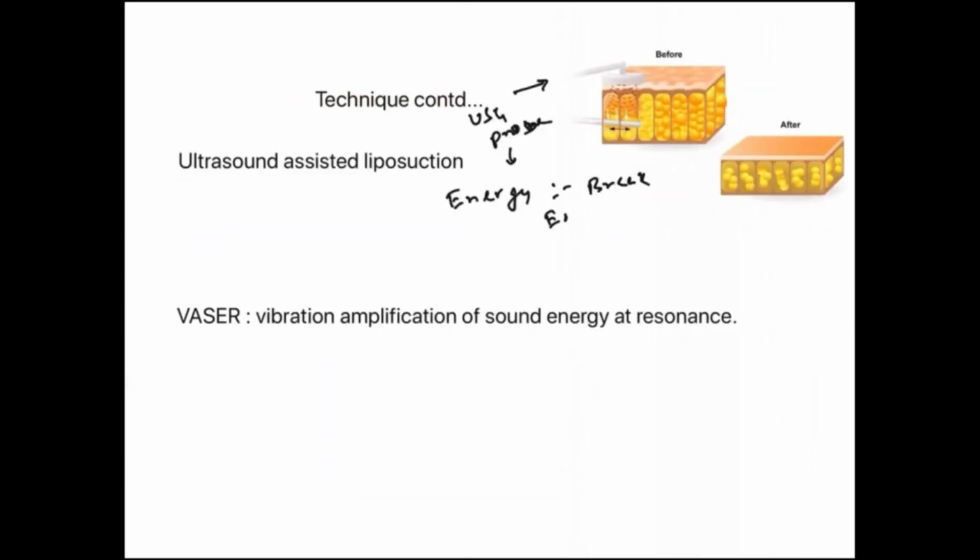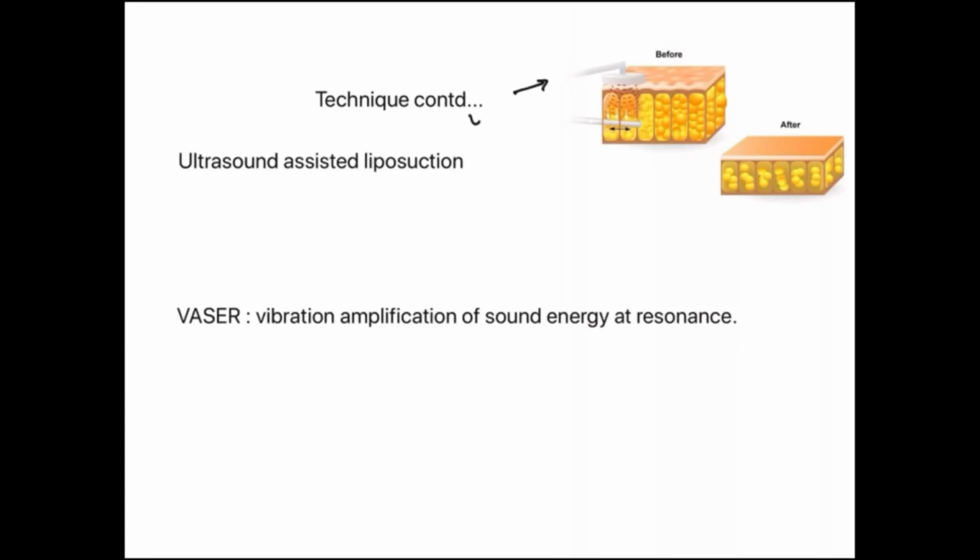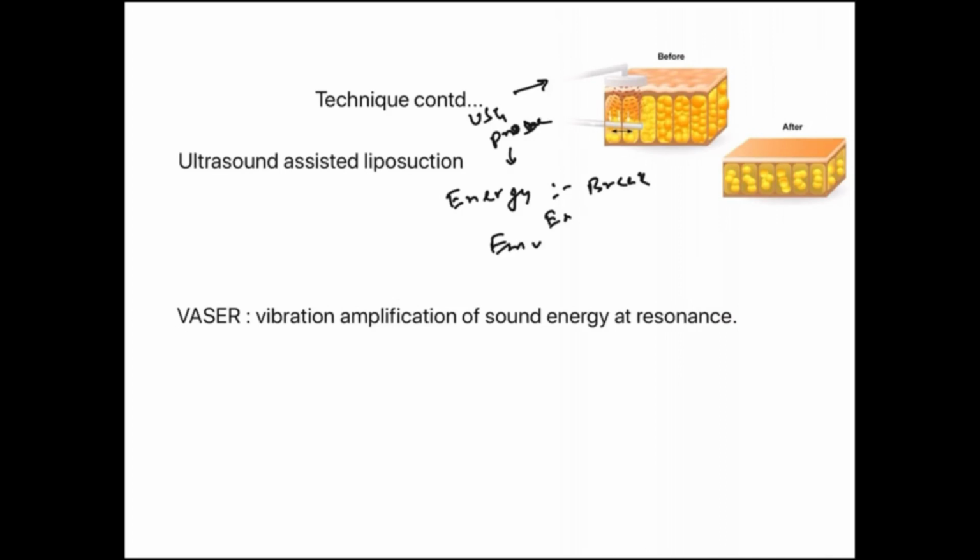The third one is ultrasound assisted liposuction, in which this is the USG probe which is giving energy to break down fat and emulsify it. Emulsified fat is suctioned via this cannula.